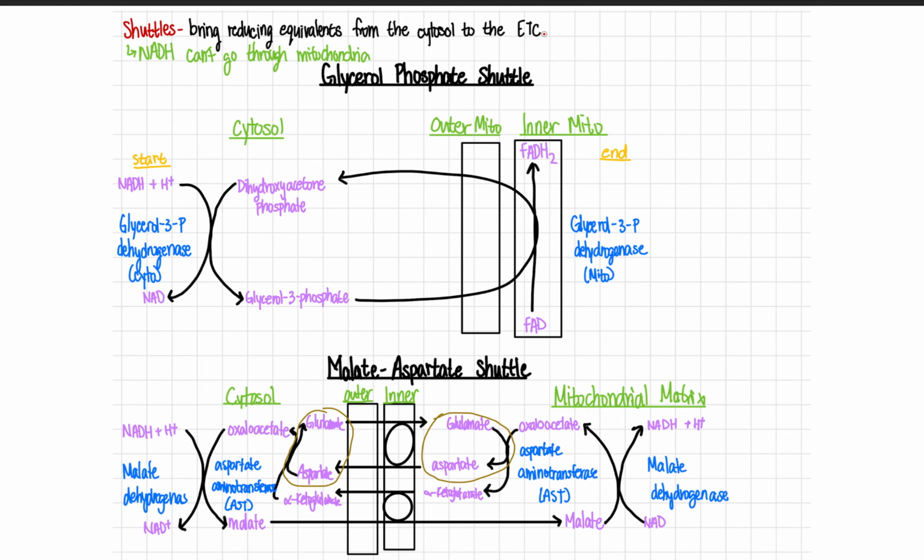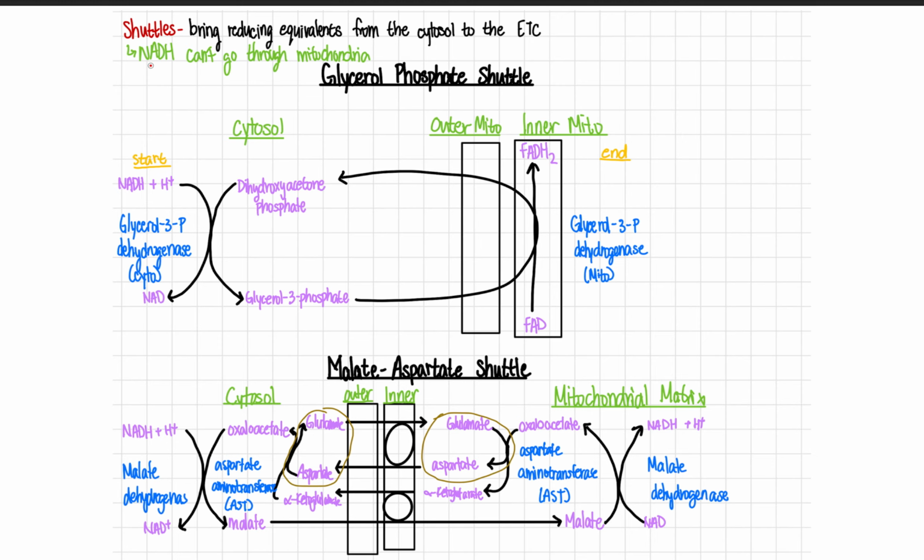So in different videos or just from your learning in school, you probably have learned about the process of glycolysis. And you probably have also learned that the entire purpose of glycolysis is to make ATP and also to make reducing equivalents in the form of NADH. And eventually that NADH will need to go to the mitochondria so it can participate in the electron transport chain, where NADH can eventually be a part of the electron transport chain to make ATP.